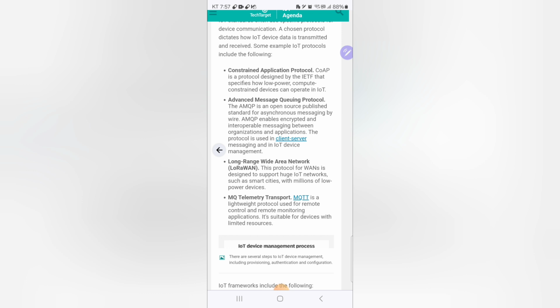Long-Range Wide Area Network, LoRaWAN. This protocol for WANs is designed to support huge IoT networks such as smart cities with millions of low-power devices. MQ Telemetry Transport, MQTT, is a lightweight protocol used for remote control and remote monitoring applications.